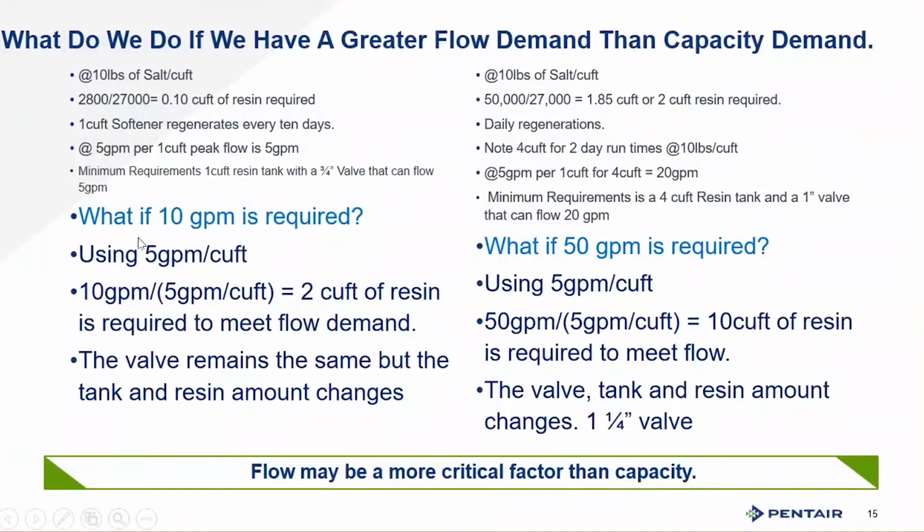All using the 5 GPM per cubic foot, I can use 2 cubic feet of resin if I want to get the most effective use out of my capacity and salt. I could let this fly with 1 cubic foot and use a 30% reserve capacity and let my customer run water through it far faster than that 5 GPM, right?